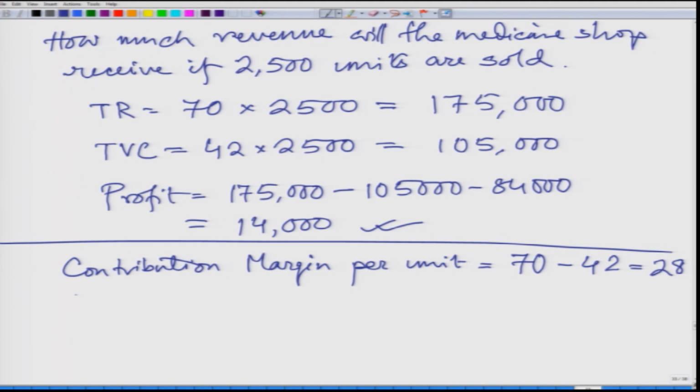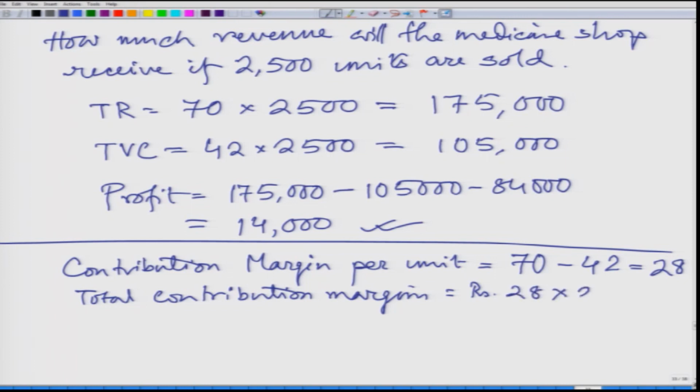If I want to know the total contribution margin, I just multiply the contribution margin per unit, rupees 28, by 2500, because that is my total sales in this example.